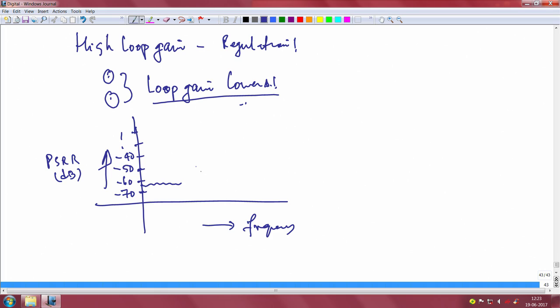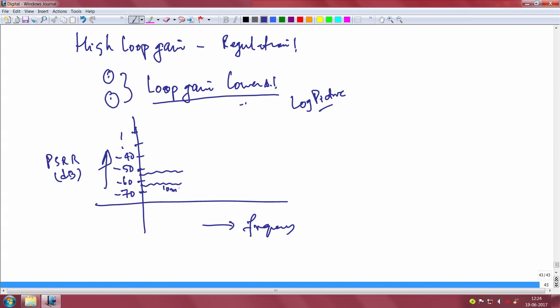Please note that this is a log picture, because I mentioned it in dB, this is a log, right, but just for some simplicity and quick understanding let me put it this way. This is lower frequency and this is higher frequency, but these two pictures are different.